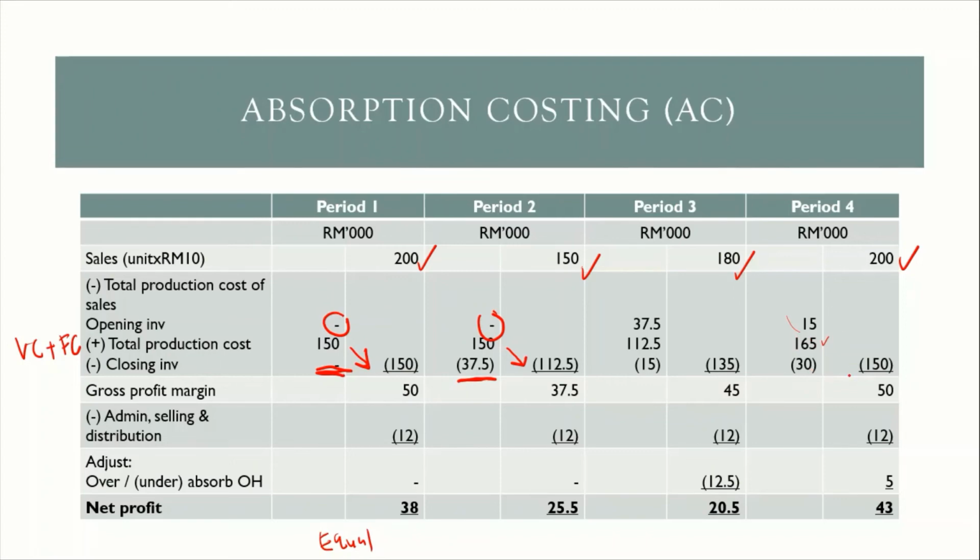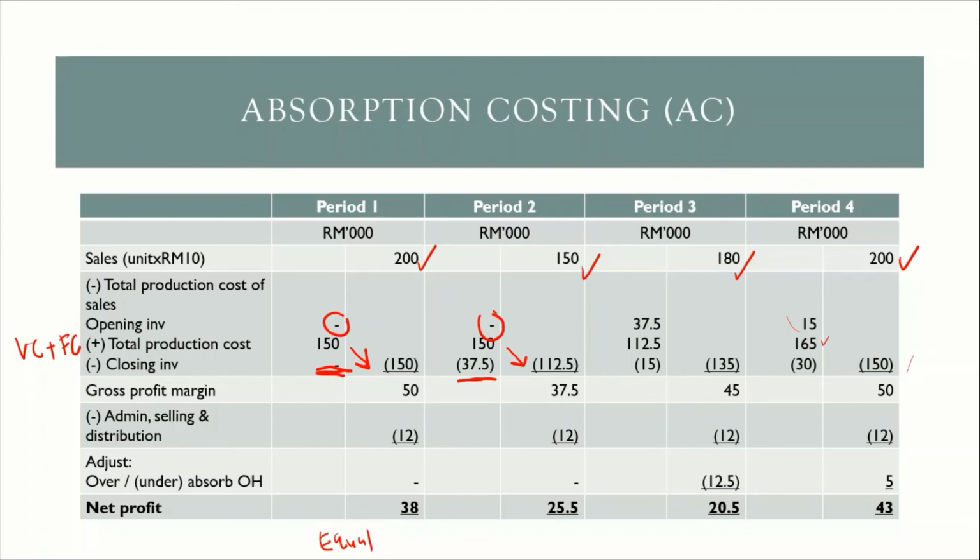Okay, with the total calculated, you will gain 150. Minusing 200 with 150, gaining a 50,000 balance. Deduct the admin, sales, and contribution cost, as well as an over-absorbed overhead. You will gain 43,000.